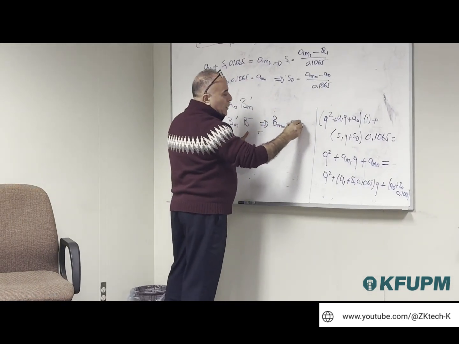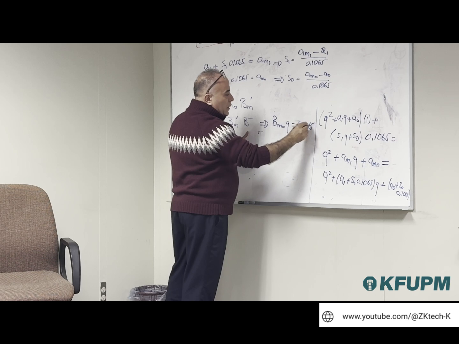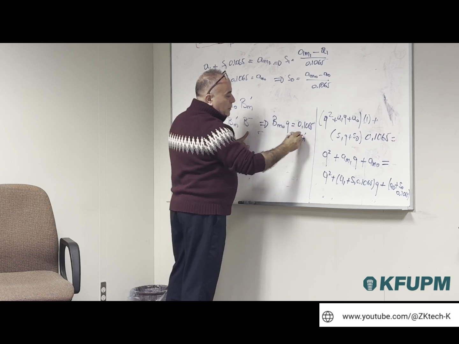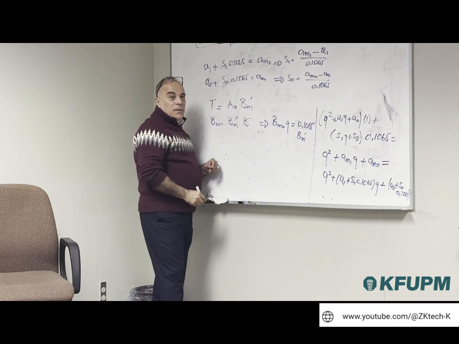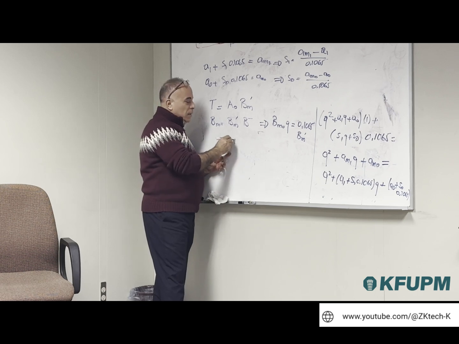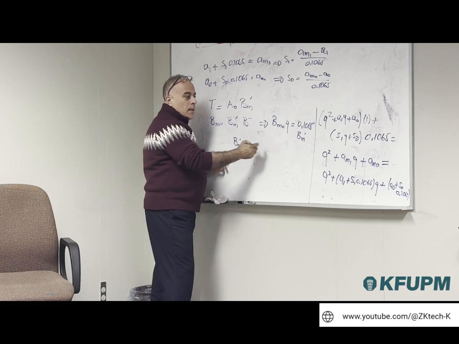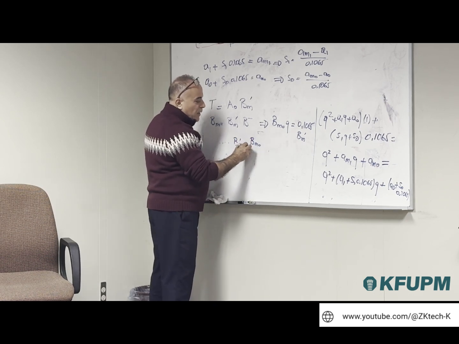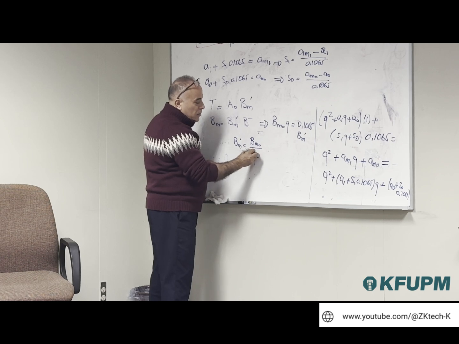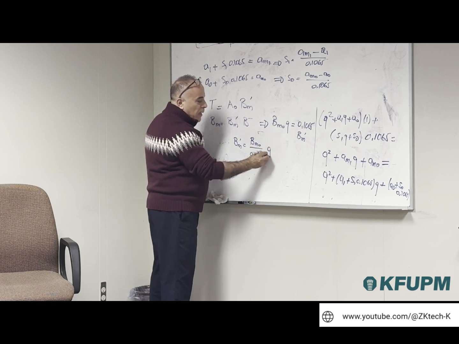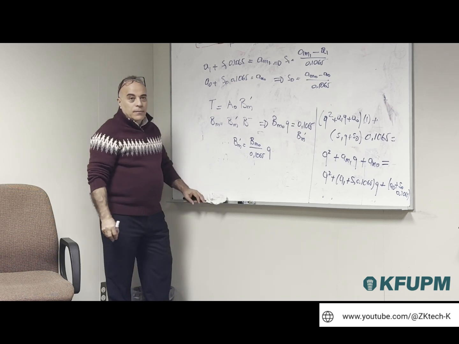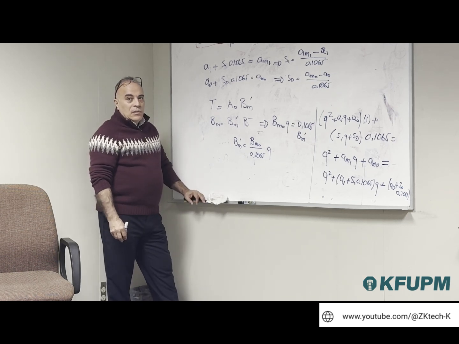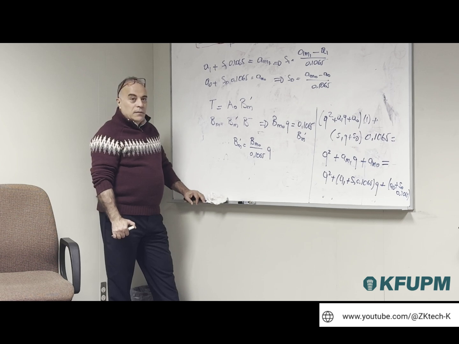So 0.1065 multiplied by Bm prime. Everybody's okay with this? So I'm able to find Bm prime equal to Bm0 divided by 0.1065 multiplied by Q. You agree with this?